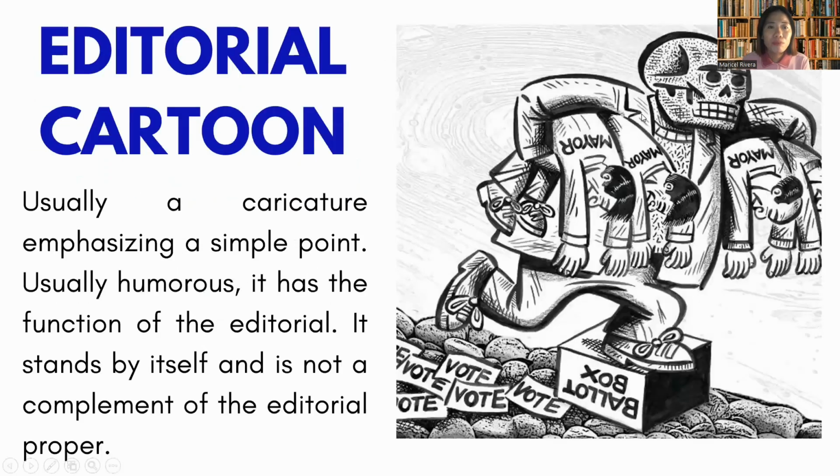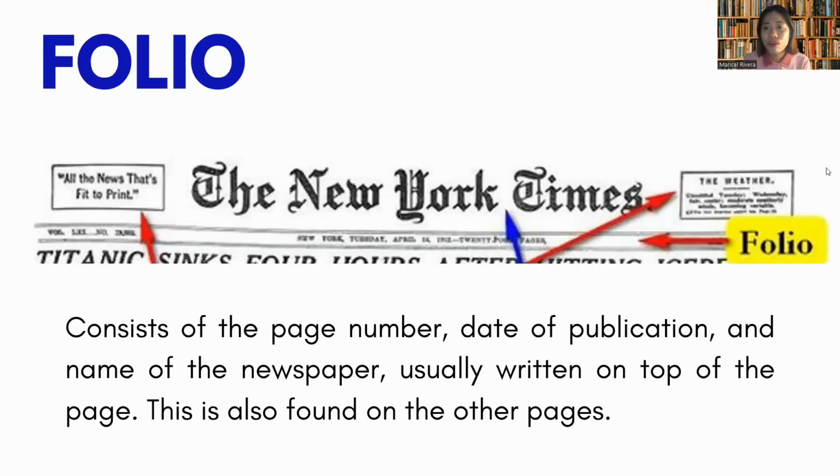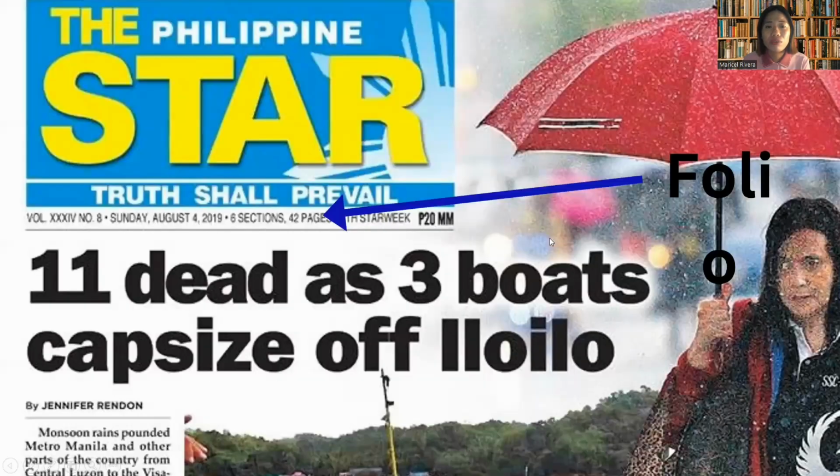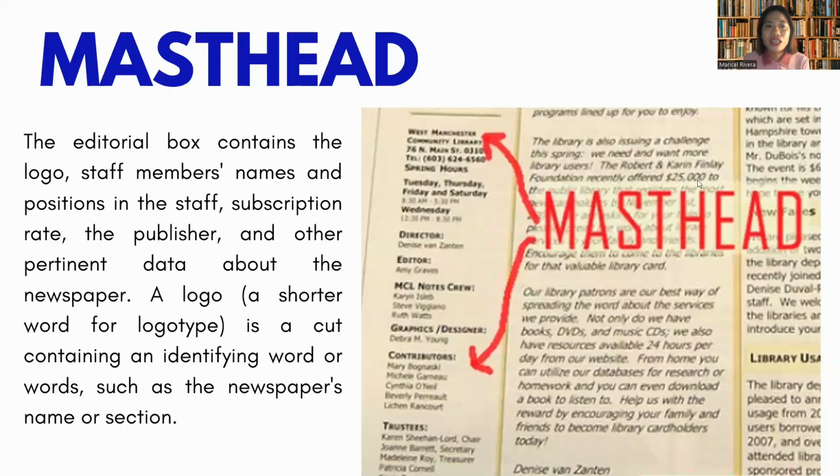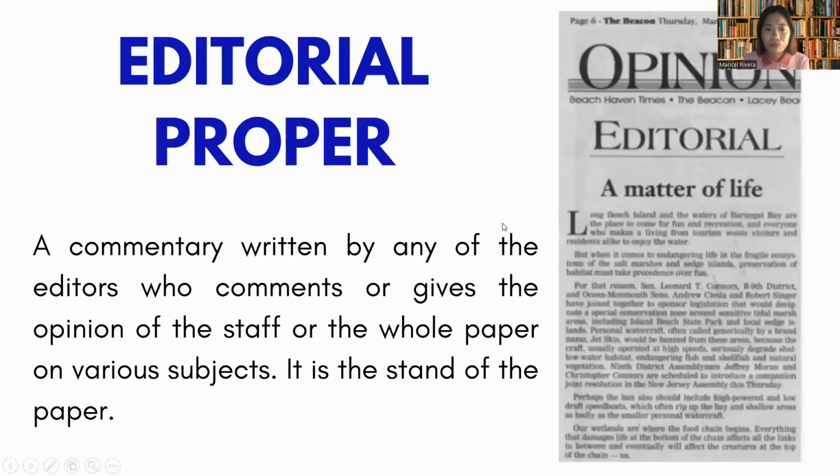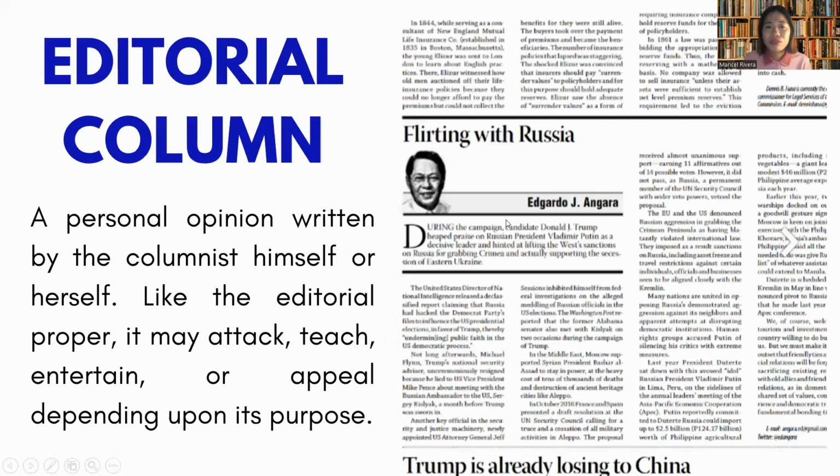To recap, we start with, of course, the folio, and you know what a folio is. Very easy to spot, right? And then we have a masthead as well, and the editorial proper. We also have the editorial column, and I believe you know already the difference between editorial proper and editorial column.